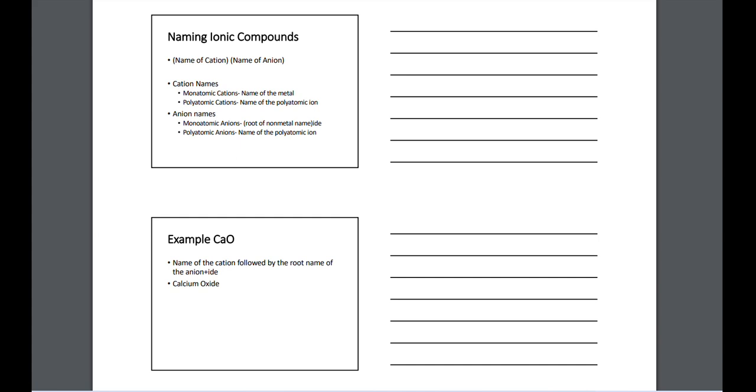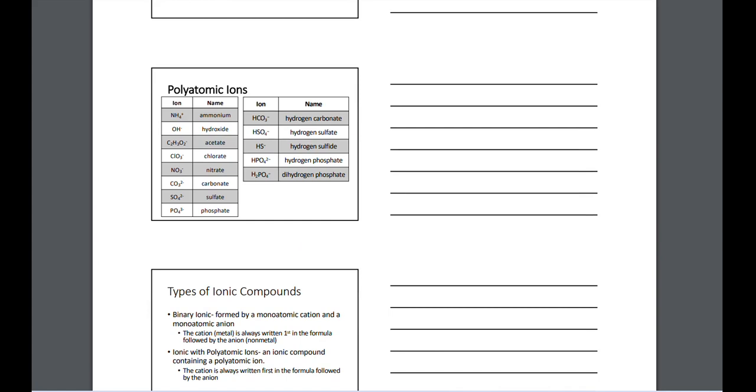When it comes to the cation names, if it is a monoatomic cation, we just use the name of the metal. If it is a polyatomic cation, we only use the name of the polyatomic ion. An example of a polyatomic cation is ammonium, and that's the only one that you will see coming from me during the exam or during the homework.